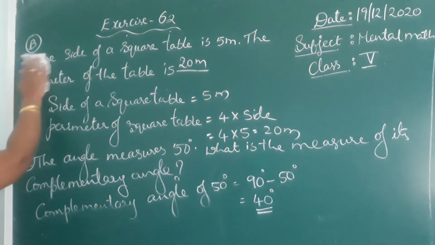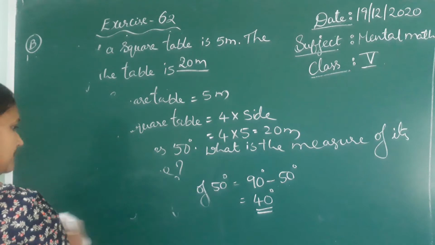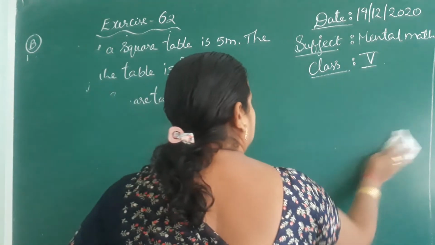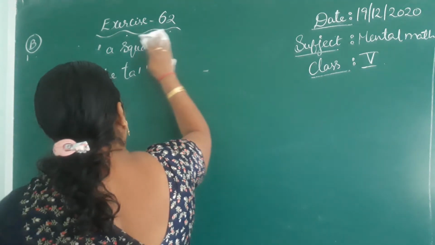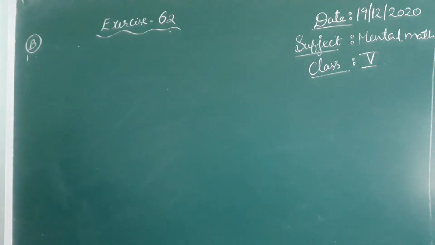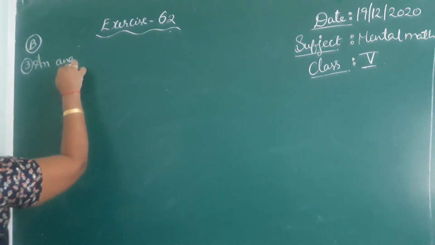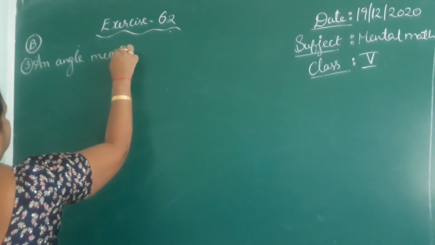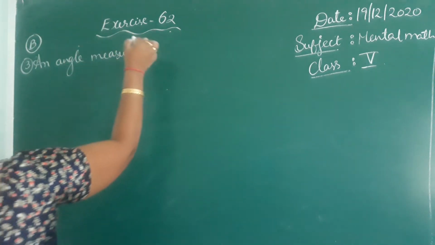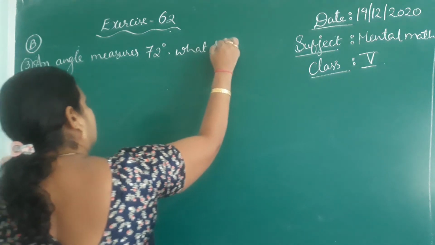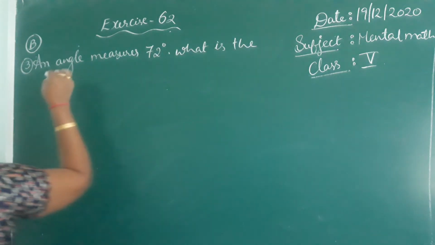Third one. An angle measures 72 degrees.